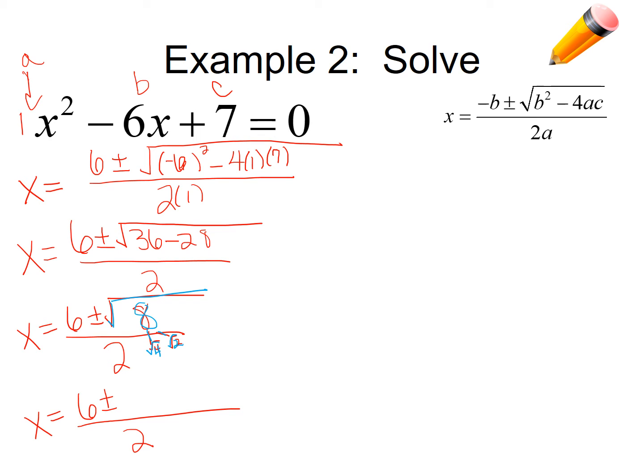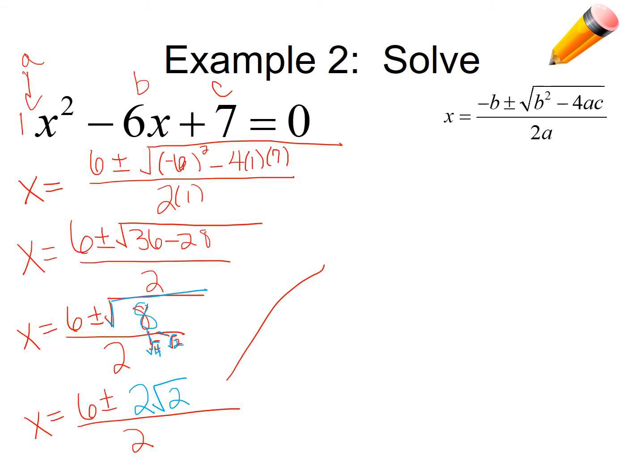So the square root of 4 times the square root of 2 can get me back to the square root of 8. That's all the stuff in blue. But we know that the square root of 4 is 2, and we can't simplify the square root of 2. So that's how we broke down that radical, because 8 wasn't a perfect square, but we knew we could break it down into a simpler radical.